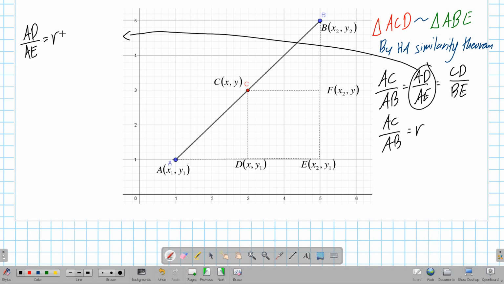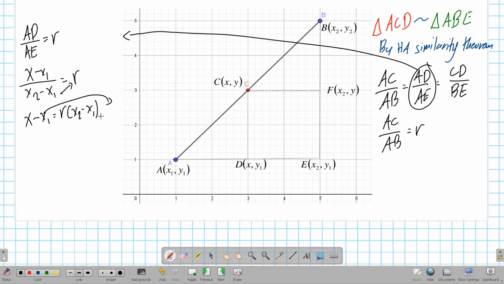We already explained in the video about the midpoint that the distance AD would be x minus x sub 1, while for AE it would be x sub 2 minus x sub 1. And this time, it's no longer 1/2, but any other ratio R. To solve for x, we need to cross multiply. Therefore, x minus x sub 1 is equal to R times x sub 2 minus x sub 1.